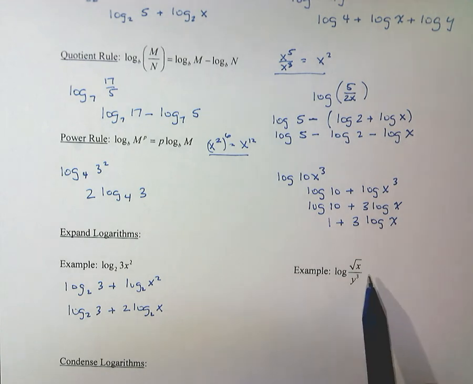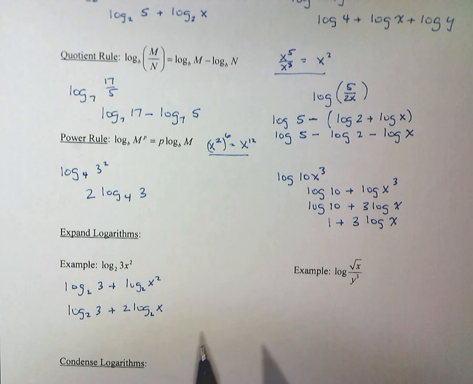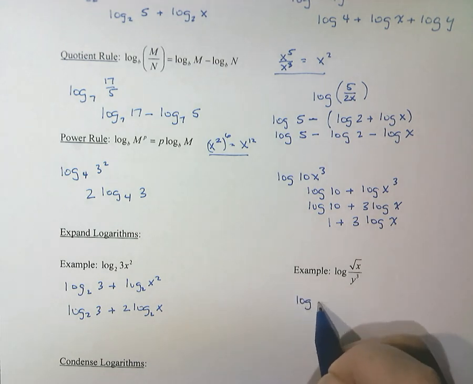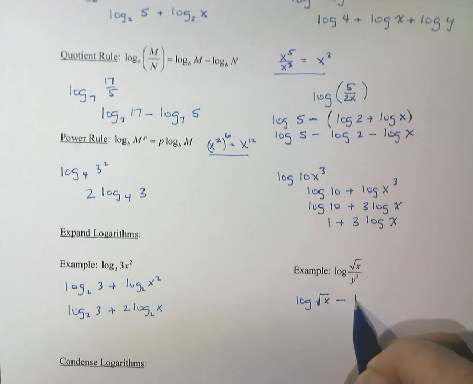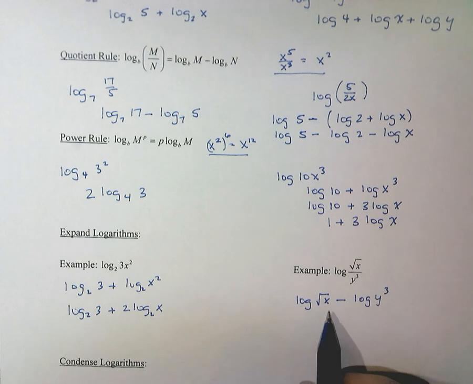Now this one is division. I've got the square root of x divided by y cubed. So that means I'm going to use the quotient rule. I'm going to subtract: log square root of x minus log y cubed. We've talked about this already this unit. Square root of x is the 1/2 power.